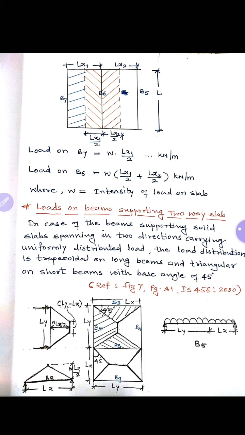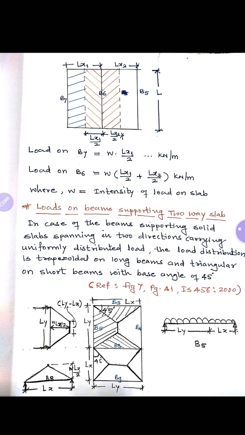Now if you refer to this B5, how will the load be on this B5? So this is Ly. For this Ly, we are having this trapezoidal load, and for this Lx, we are having this triangular load. When we have to calculate load on a beam, simply it is intensity of load into area of the trapezoidal portion.